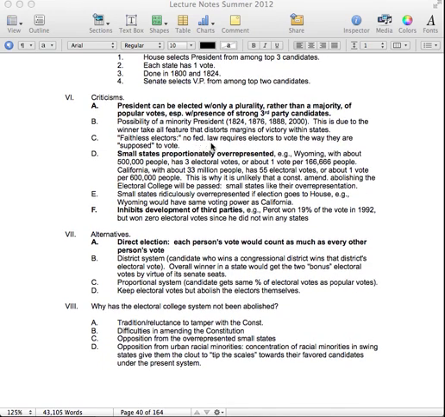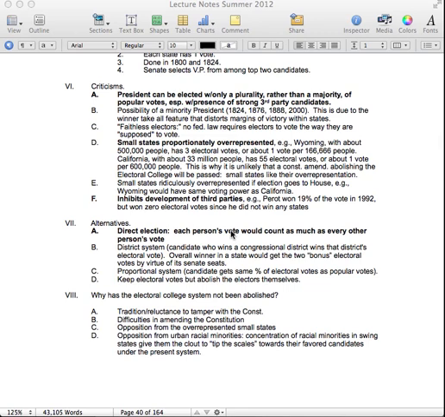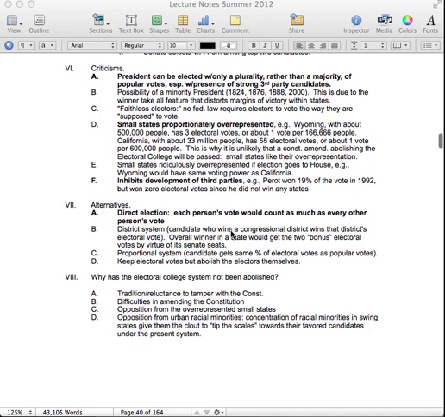Possibility of a minority president, which means you didn't win the popular vote, but you won the Electoral College. This happened in 2000 with President Bush because of our winner-take-all feature. You have faithless electors. There's no federal law that requires electors to vote the way they are supposed to vote, but they just do it because it's tradition. The small states are proportionally overrepresented.